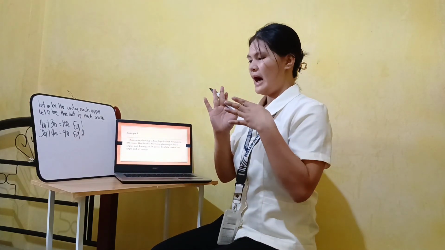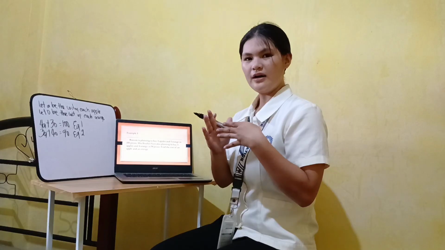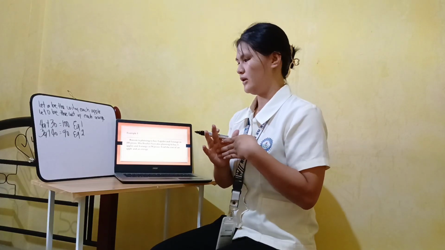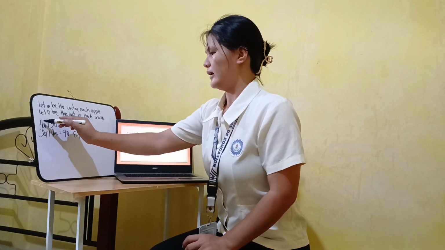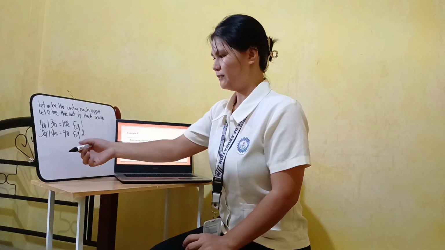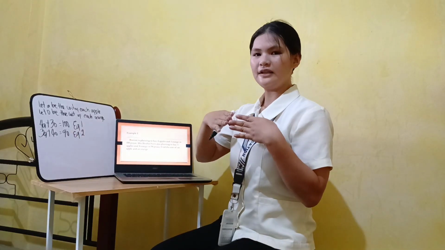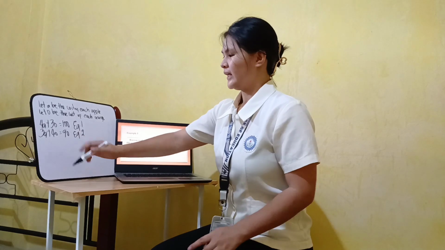Now, after formulating the equation, we are now going to proceed for elimination. So, to eliminate the 4a and 3a or the variable a, we have to find a number na kung saan kapag minultiply natin sa 4a at number na minultiply natin sa 3a, maka-cancel out sila.